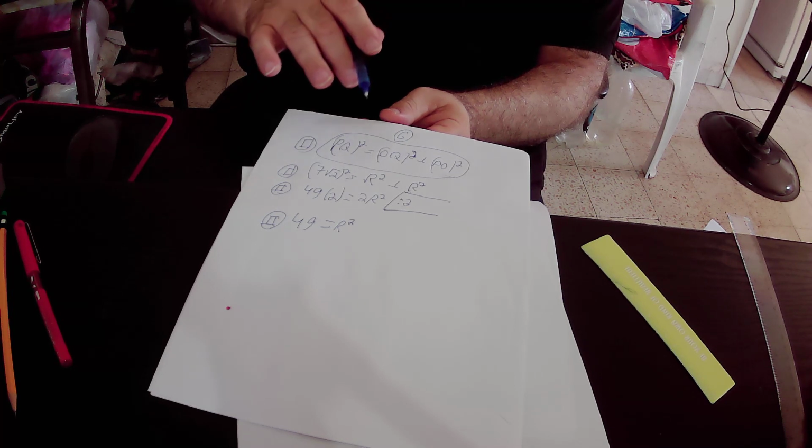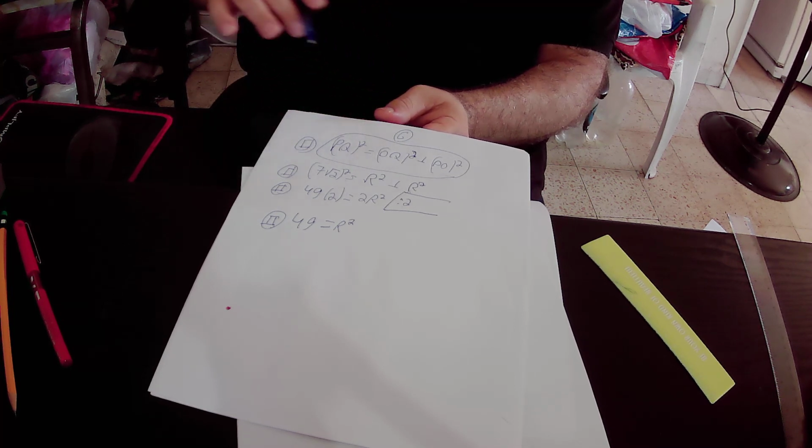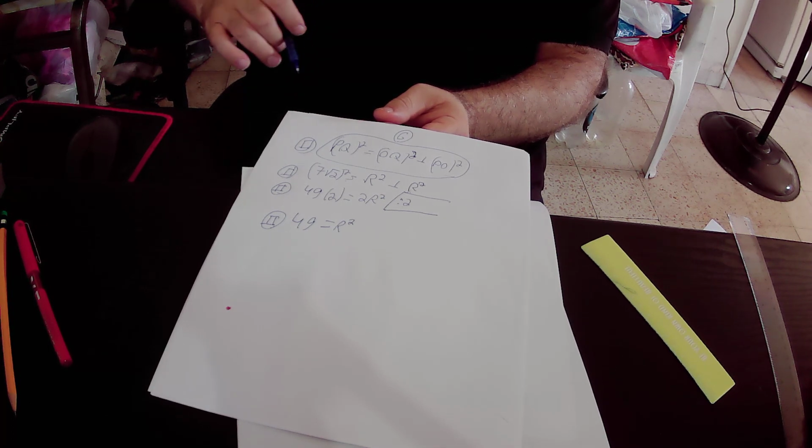After we divided the equation by 2, we got that 49 equals R square. Now we will take a root out of equation number 2.